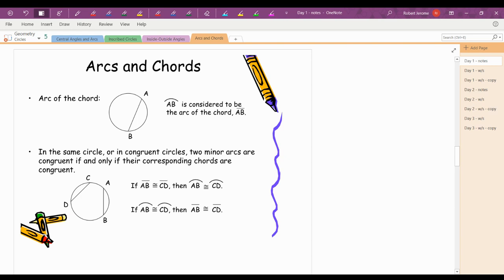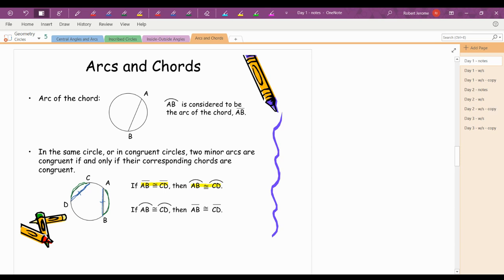Second, if two chords are congruent, so for example, CD and AB, if those chords are congruent, then the arcs that they sliced off are also congruent. So if the chords are congruent, then their arcs are congruent.